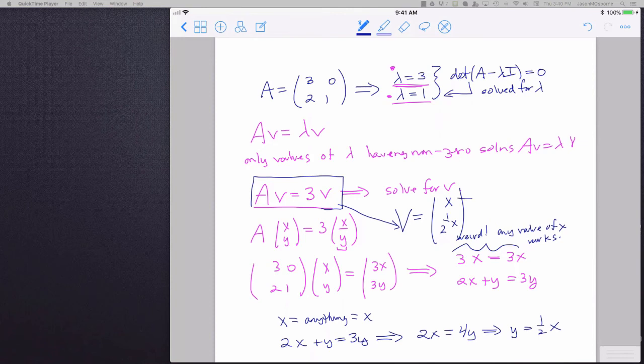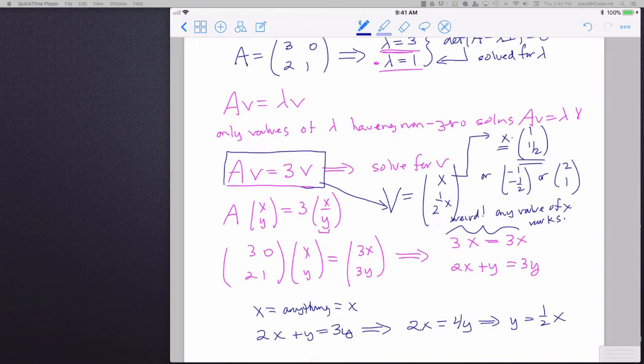So a possible eigenvector is x multiplied by (1, 1/2). (1, 1/2) is a possible eigenvector, or (-1, -1/2), or (2, 1), just choosing different numbers for x.